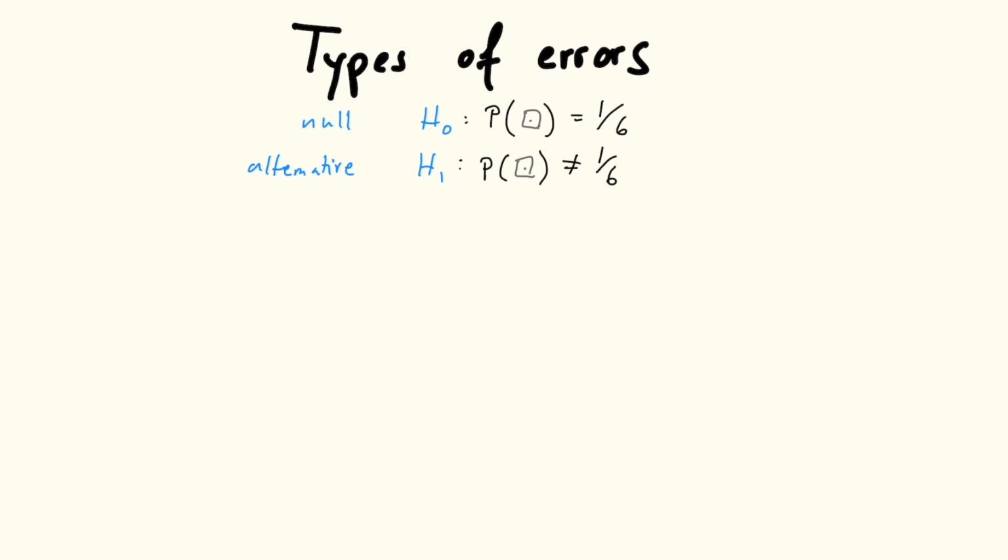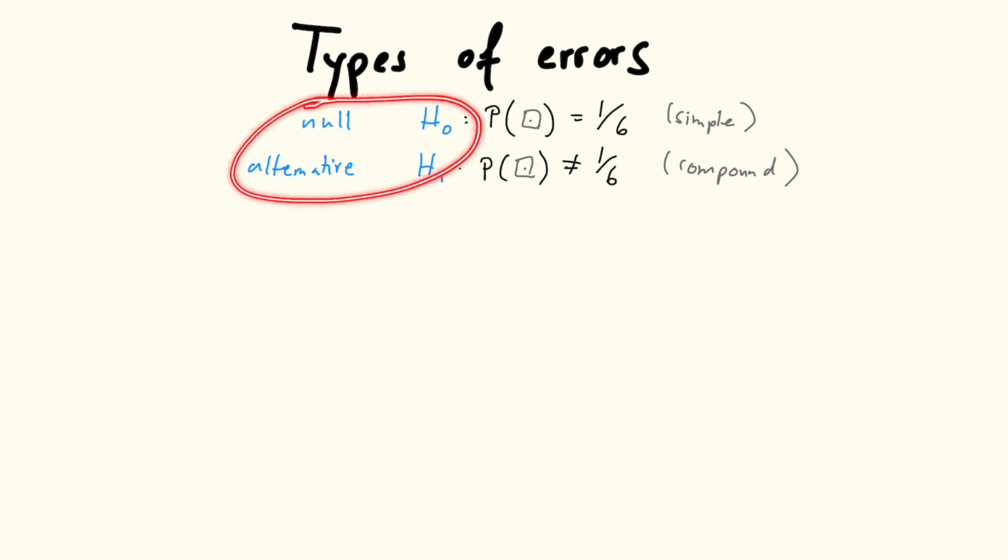Such an alternative that allows multiple parameter values is called a compound hypothesis. Alternative hypotheses are very often compound hypotheses. A hypothesis that allows only one parameter value is called a simple hypothesis. Null hypotheses are sometimes simple, but there's no rule that they have to be. There are also settings where we want to test null hypotheses that are compound.